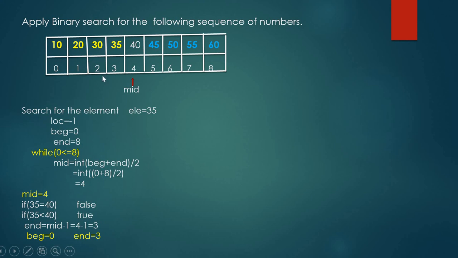See here, in binary search, first we find the middle position, then the element to be searched, that is ELE. If the ELE is less than the middle element, end is changing to mid minus 1, and if ELE is greater than the middle element, we need to change beginning to mid plus 1.